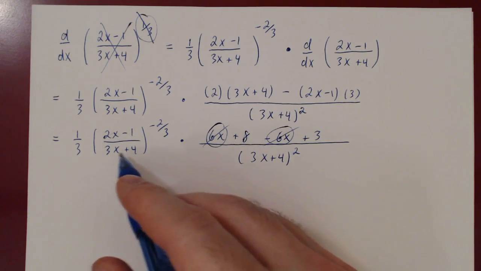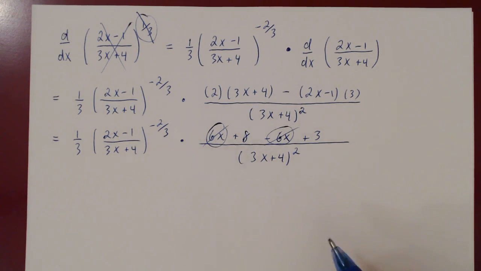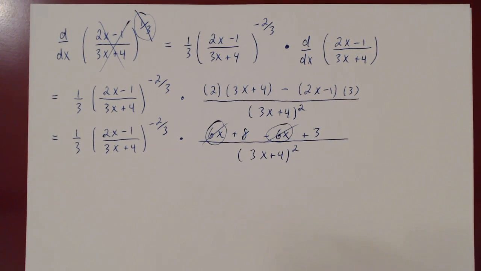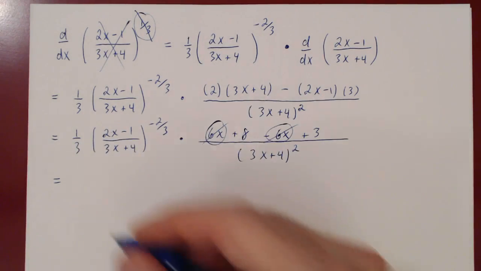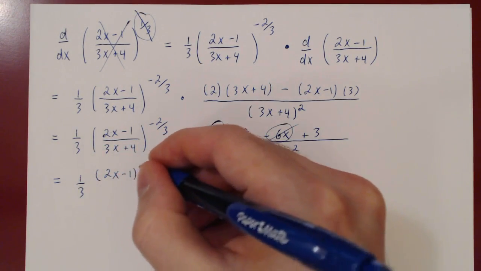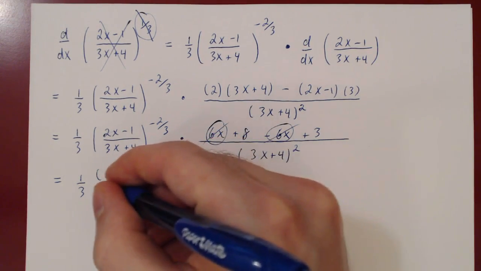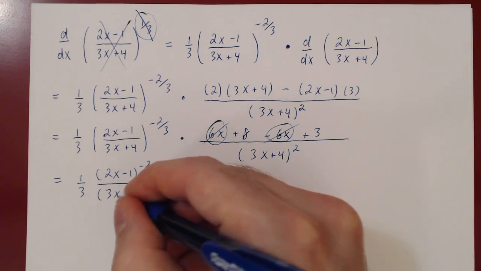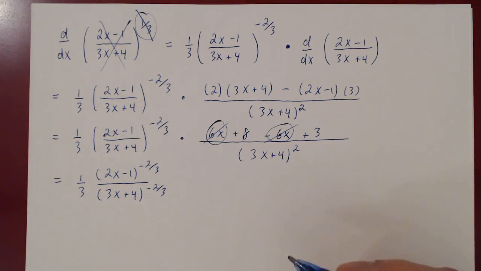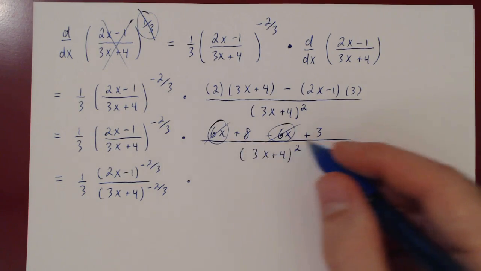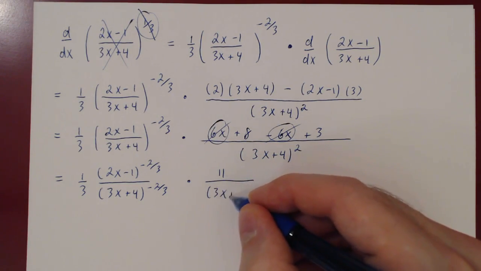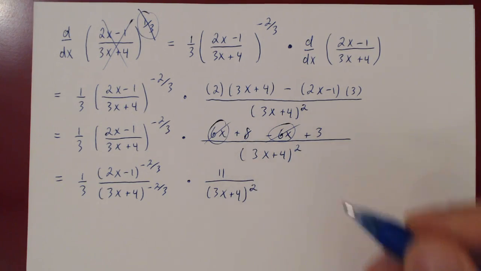And if you notice here, there's another term of 3x plus 4, and let's split those two up, and then we'll regroup similar terms. So what does that give us? Well, 1/3 times 2x minus 1 to the negative 2/3, 3x plus 4 to the negative 2/3, times 11 over 3x plus 4 squared.